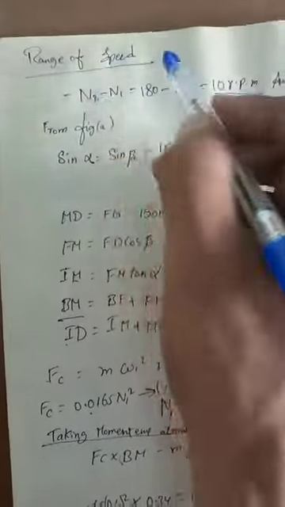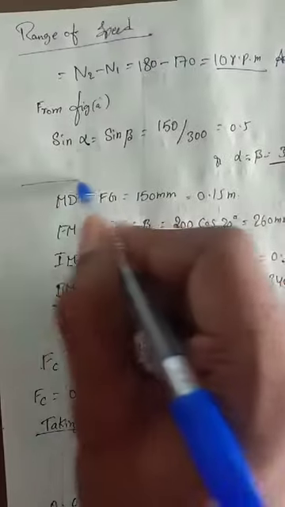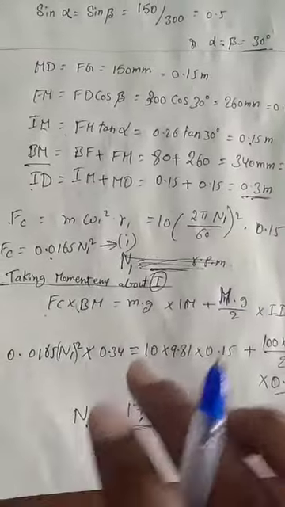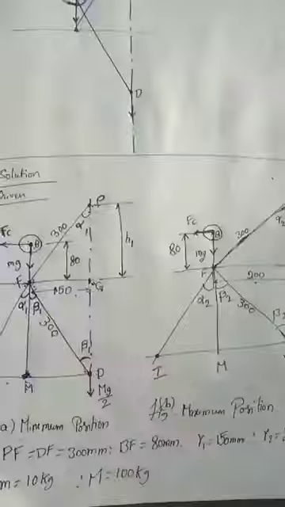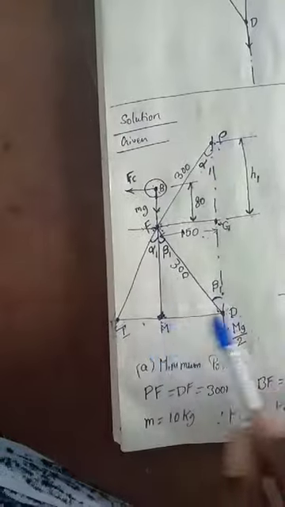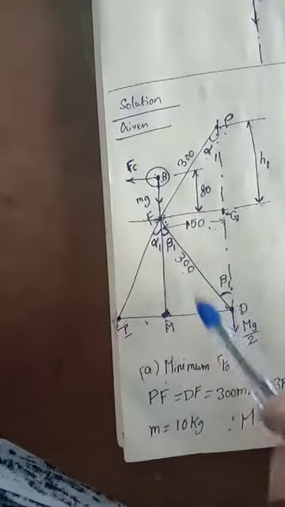Okay, range of speed n2. Right, so this is another method. Using the mechanism, you can solve like this also. You can first find the angles, and then you can find all the unknown distances: IM, ID, FM, BM, all those things.